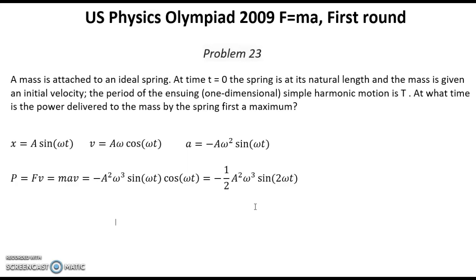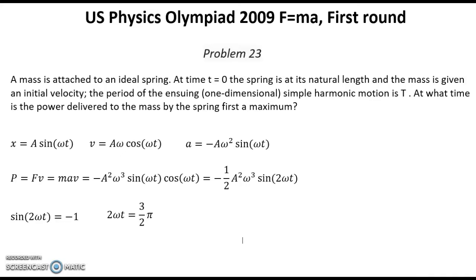And now we need to find at what time this power first has a maximum. That's obviously for sine 2 omega t equal to negative 1. And the first time it happens is when 2 omega t equals 3 over 2 pi.